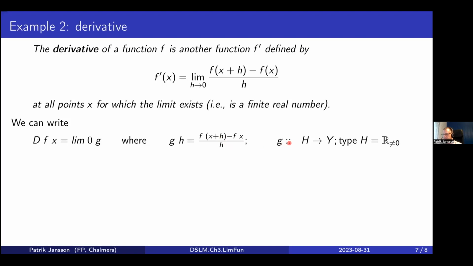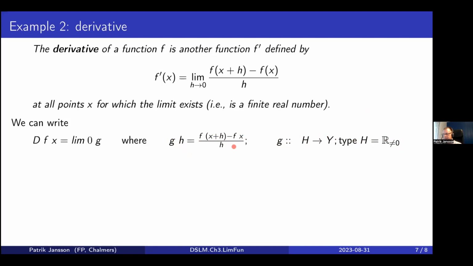Okay, so g is a function. It has type h to y, where h is all real numbers except 0. Okay, so that's the first step. Let's then try to step by step look at this definition and see if we can make some reusable component, because this g here is a local definition and it doesn't have x as an argument, which may be a little strange because x is used in the definition.